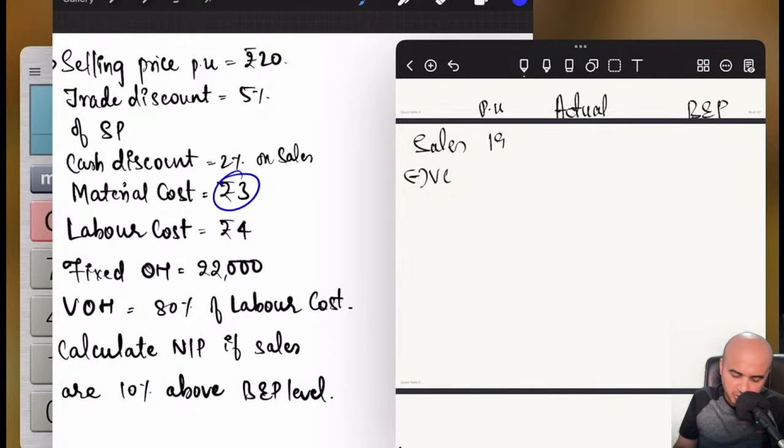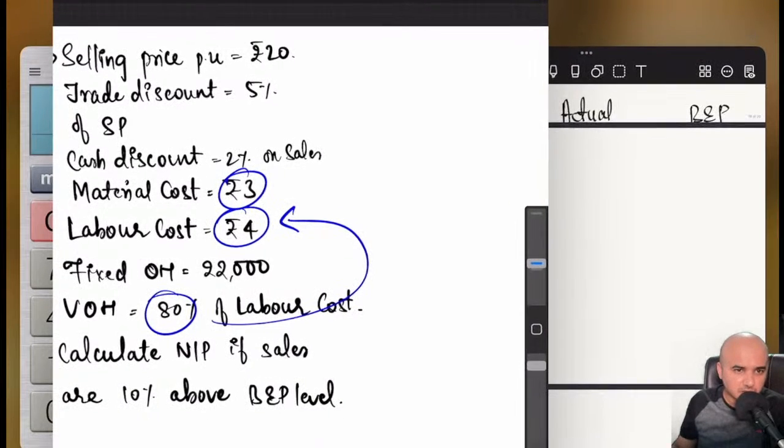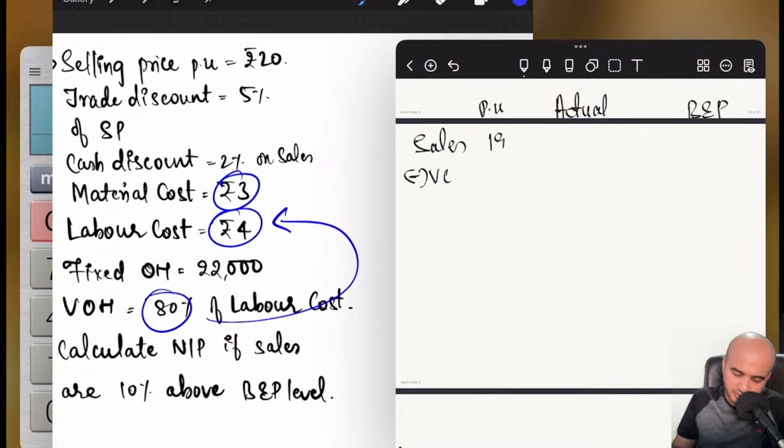Simple. 3 rupees plus 4 rupees, then 80% of this, so 80% of 4 rupees. 4 8s are 32, so that means 3.2. So total all that: 3 plus 4 plus 3.2 will be 10.2. Okay, 10.2 is my variable cost. 19 minus 10.2 would be 8.8. So that is my contribution.